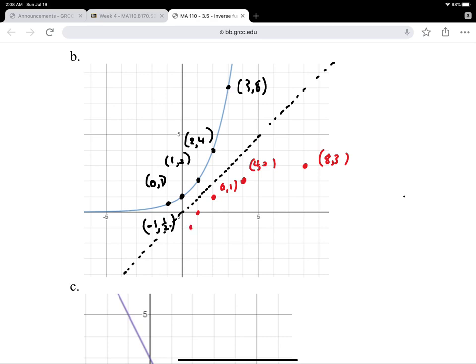And if you look at the original function, it seems to flatten out along the x-axis, so that means my inverse function tends to flatten out towards the y-axis. And there you go.